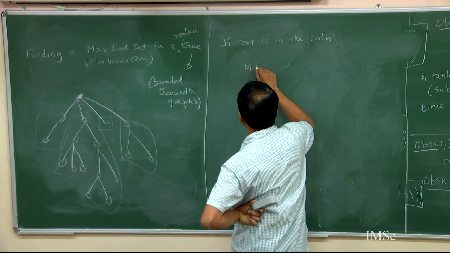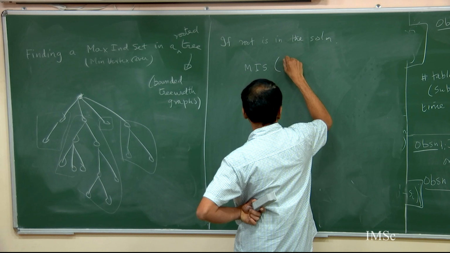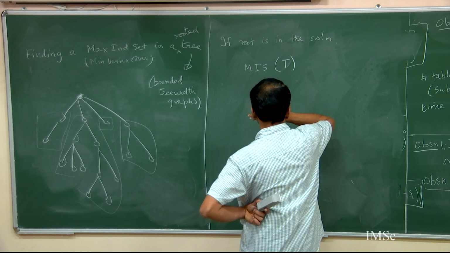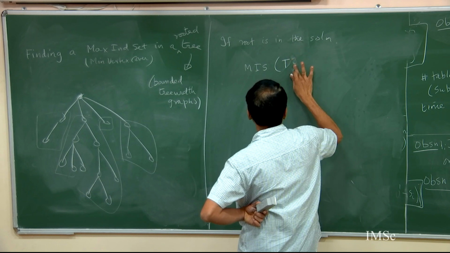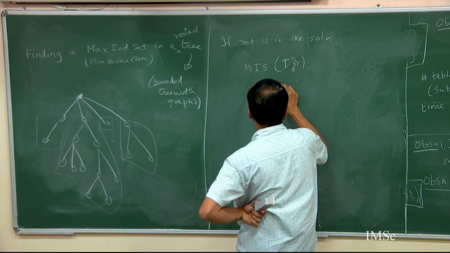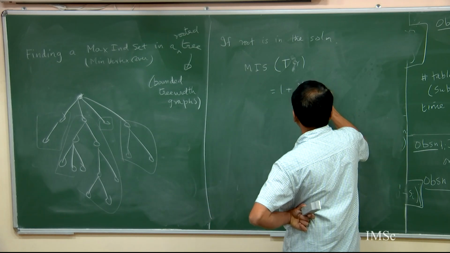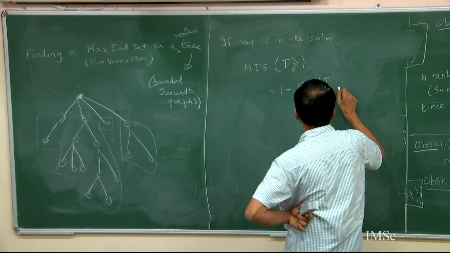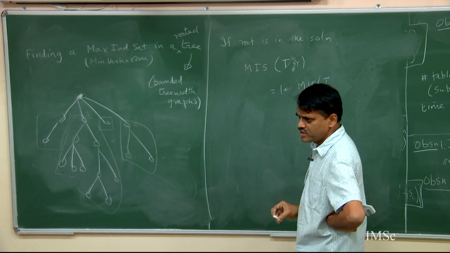Okay. So, let us talk about MIS of T, right, maximum independent set of this tree. I am looking at the root, okay, with root is equal to 1 plus MIS of T1 or maximum of, no, is it maximum of, sum of, right.